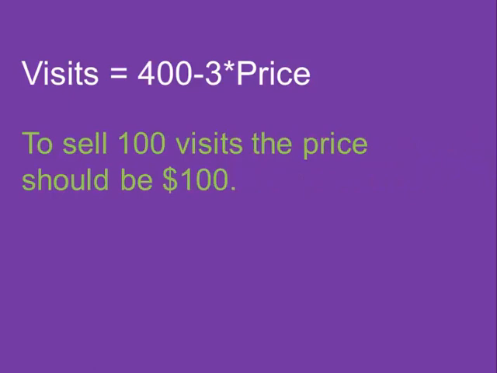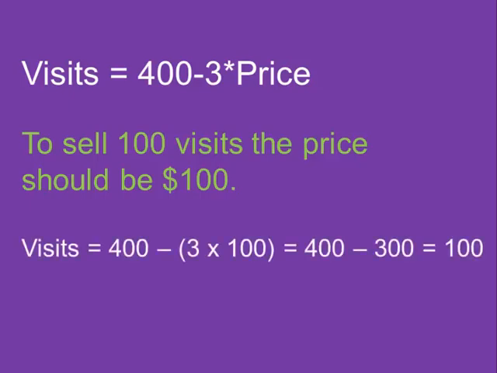To sell 100 visits, the price should be $100. Now, if you like, you can go back to the question that we did earlier and already know the answer. But let's go ahead and go through the plug and chug on the formula. We want to figure out our visits. So we have 400. That's a given. That's part of the formula.